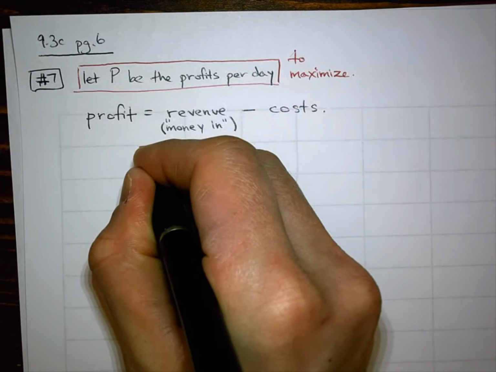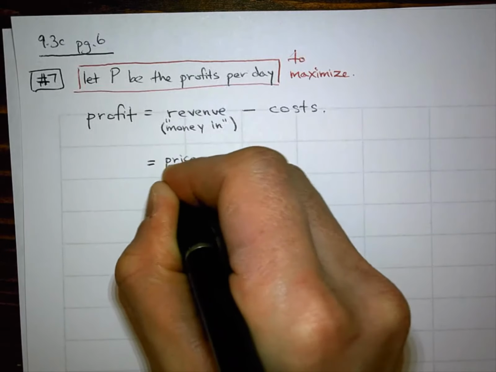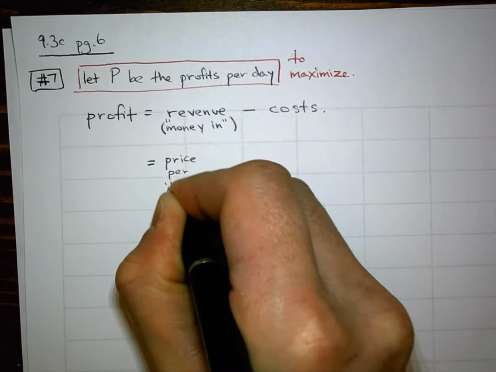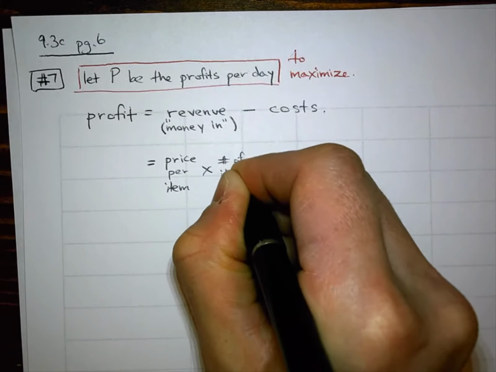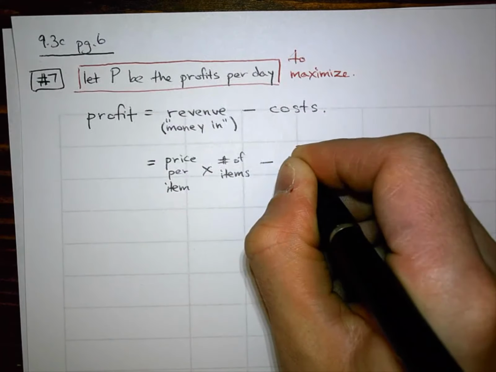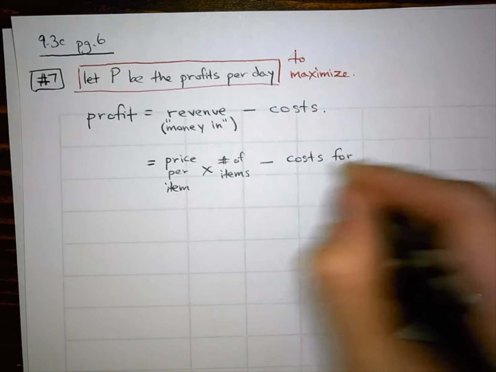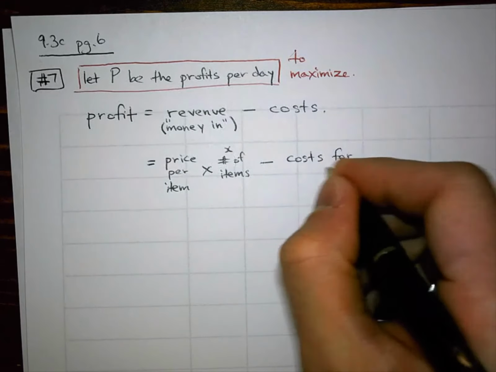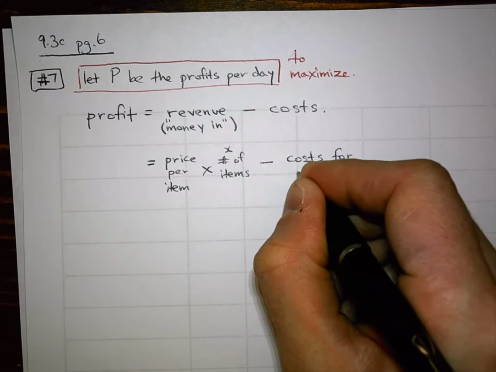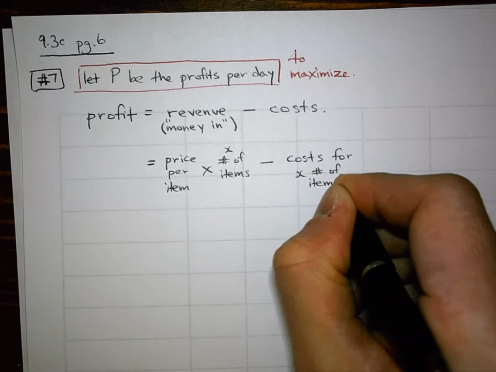So the profit in one day is going to be the price per item times the number of items minus the costs for, we'll call this X number of items, and this is the cost for X number of items.